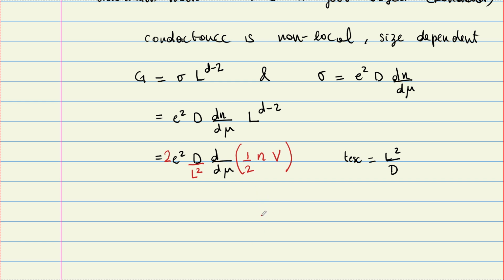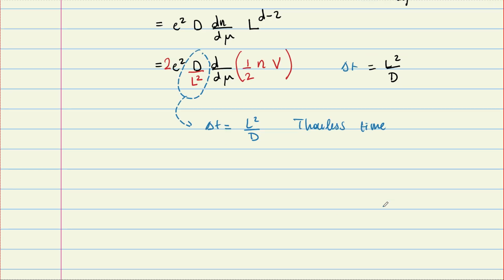So then let's do this. Let me define this delta t, which is equal to L squared over D. This is what we called the Thouless time. And the second one, let's also take this separately.